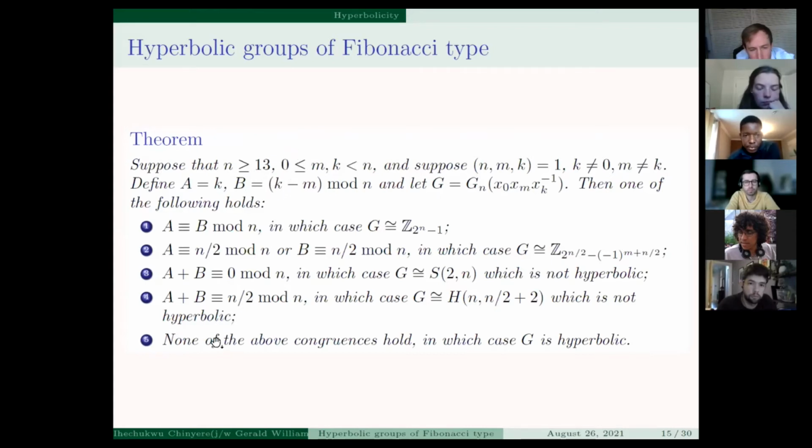Okay. So the Fibonacci groups fall into this class. The Sieradski groups, remember, were the cases where m was 2 and k was 1. And if you put it here, you're going to get this. So k is 2 and m is 1, so this will be 1 and this will be 1. Sorry, is that correct?